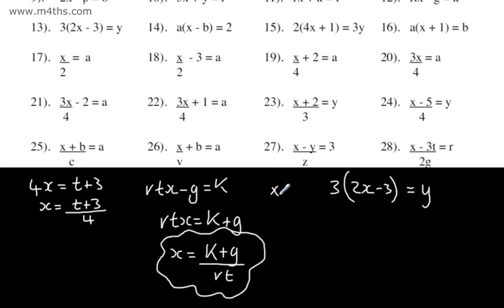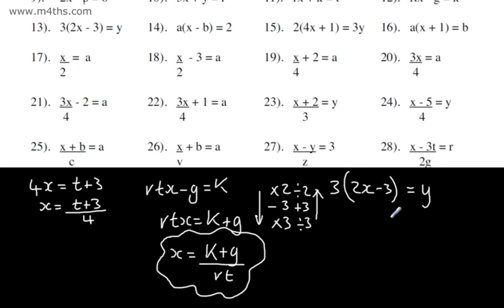So what we did, we multiplied by 2, we subtracted 3, and we multiplied by 3. What we're going to do is go the other way. We're going to divide by 3, we're going to add 3, and we're going to divide by 2. So if you want a little map of what's happened, that's what we're going to do.